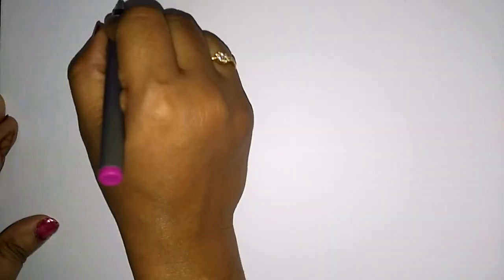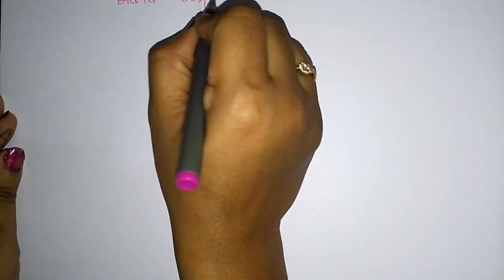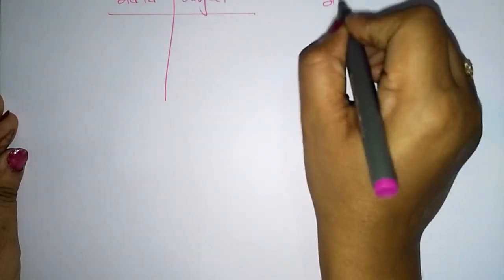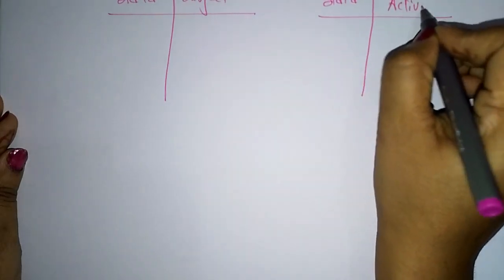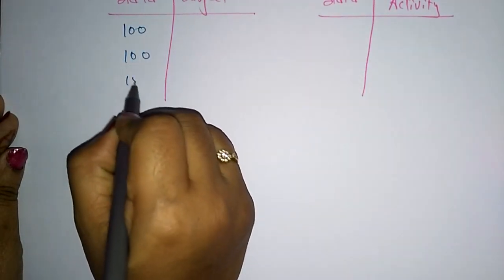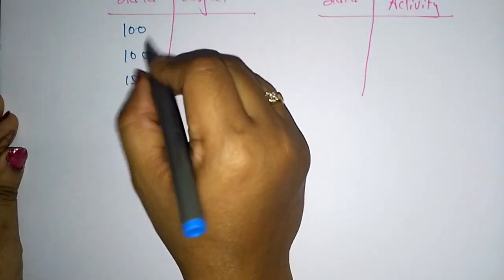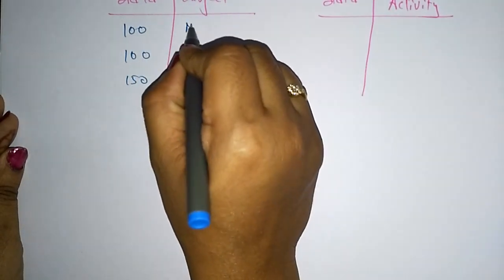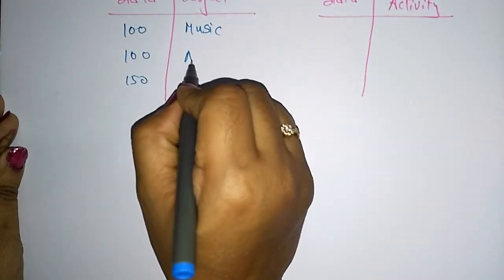Let me write the tables again. Student ID, subject, and student ID, activity. Student ID 100 is holding music as well as accounting.